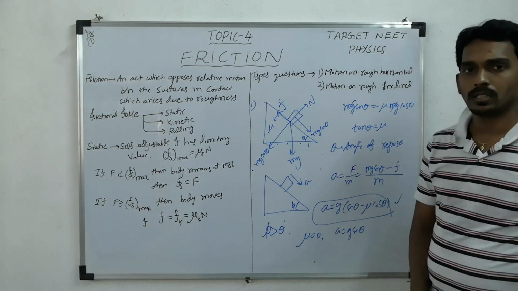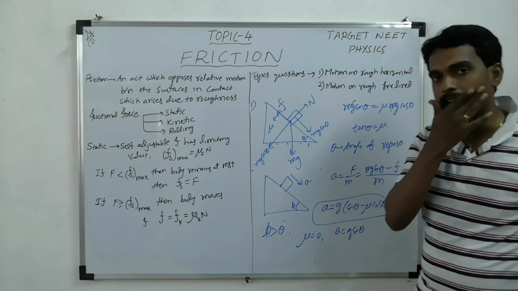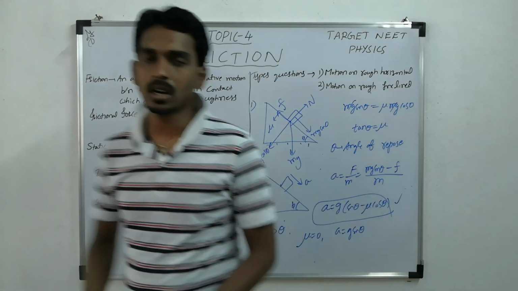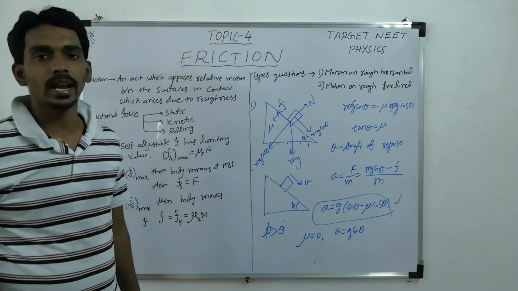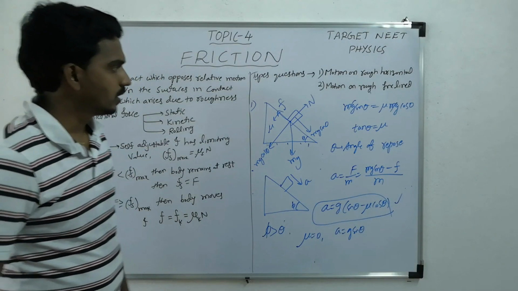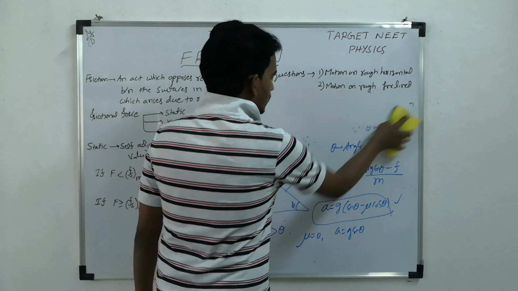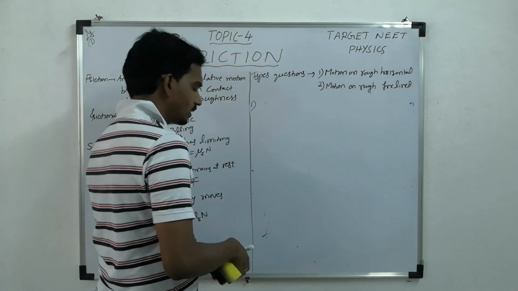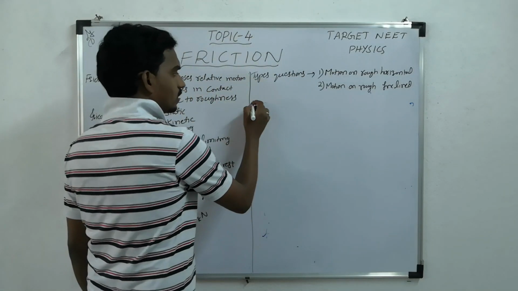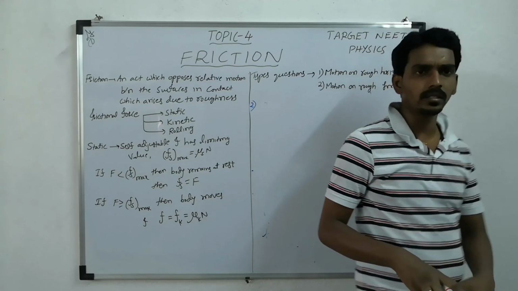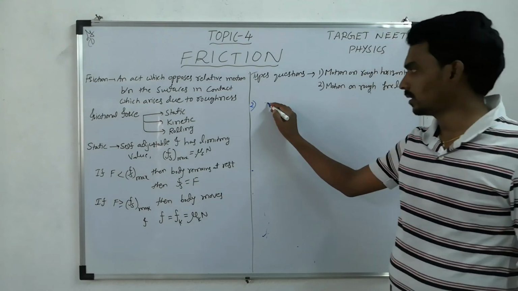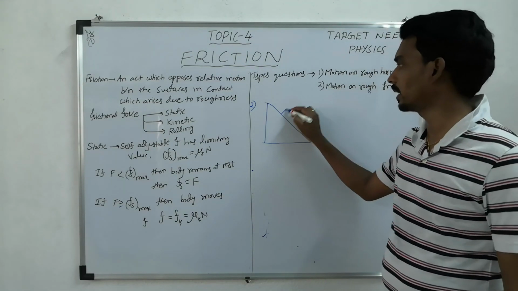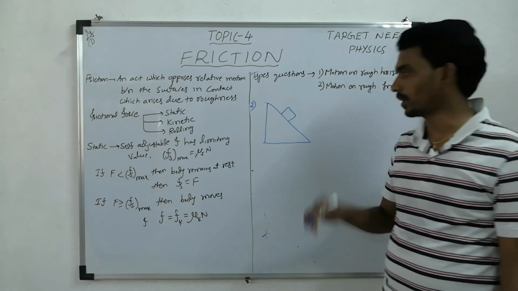This is the basic idea of motion of a block or body on a rough inclined surface. Similarly, let us talk about the other cases based on this. Now, consider the second possible case. If you keep the block on the rough surface, it may or may not slide down.